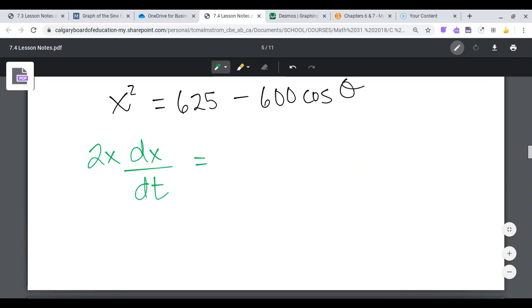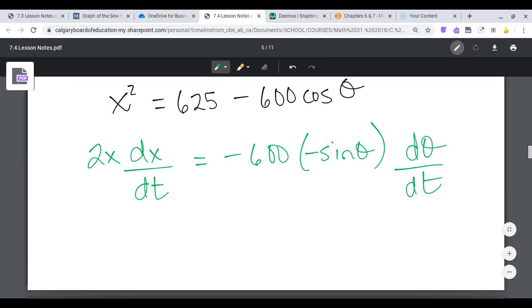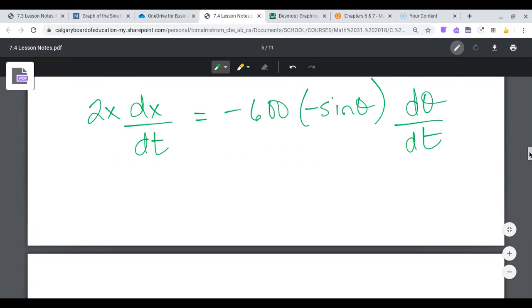The derivative of 625 is 0. The derivative of negative 600 cos theta. So negative 600, and then the derivative of cos is negative sine theta d theta dt. Whew, good catch. That would be a disaster. All right, so let's see. Can we tidy this up a little bit?